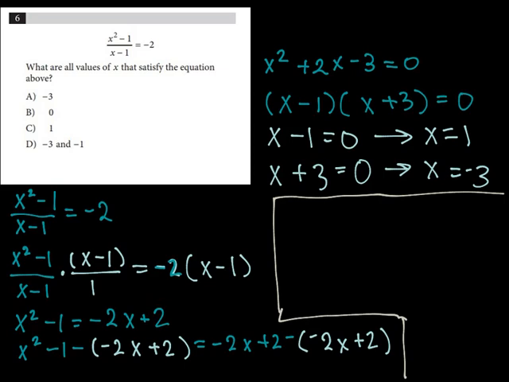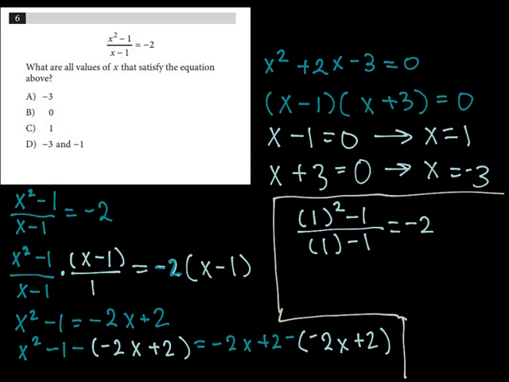So let's start off with x equals 1. So we would write this as (1 squared minus 1) over (1 minus 1) equals negative 2.